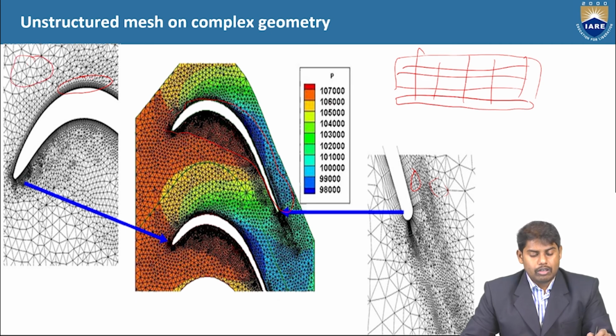Why? Because our area of interest, where we need to see the fluid flow phenomena, is near the airfoil or the wall. These variations are very important to us compared to the rest. Therefore, you need to perform a finer mesh near the boundary.